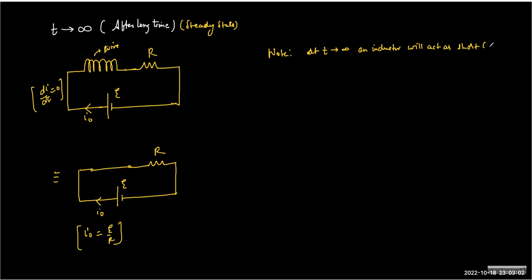A simple wire. It's called a short circuit in the language of circuit theory. So you can replace it by a wire and solve the circuit.